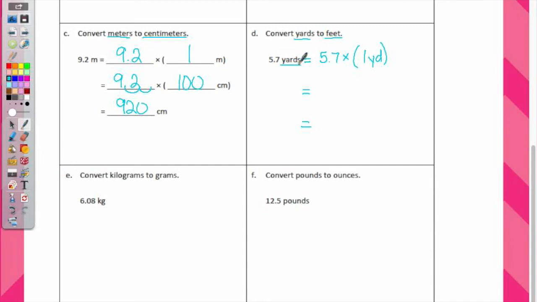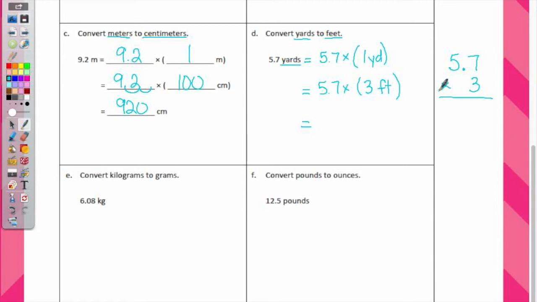Okay, so how many feet did we say were in a yard? 3. And notice there are a lot of abbreviations. Now, how do I solve this problem? Standard algorithm, do I have to pay attention to the decimal place value? Yes.